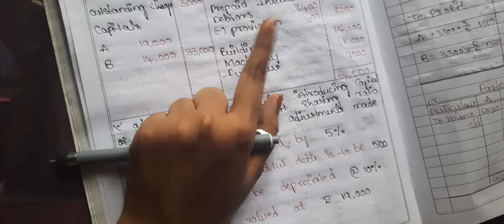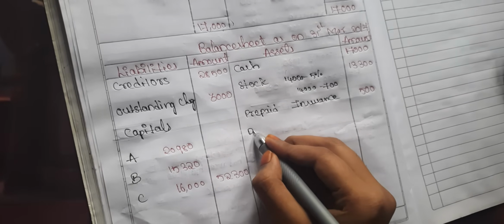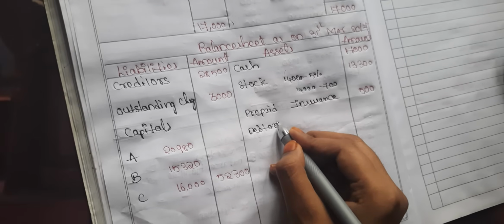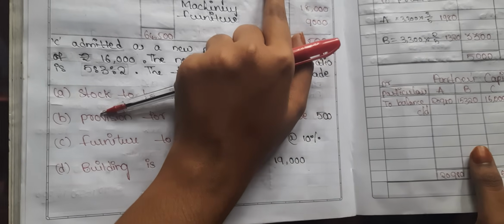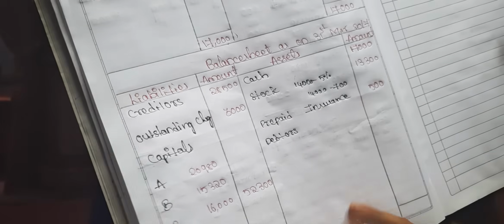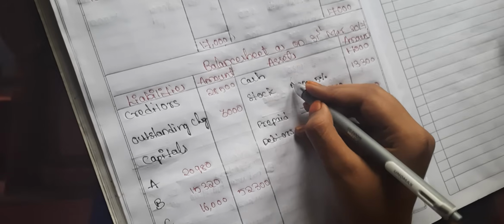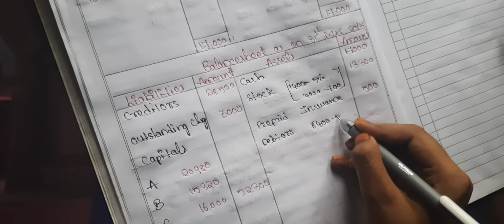Then it is debtors. On debtors a provision has been given, right? So we are going to take the debtors now. For debtors it is 8,400 minus 500, because this amount was given to the other party but 500 is less in it, so we need to do minus, right? 8,400 minus 500.